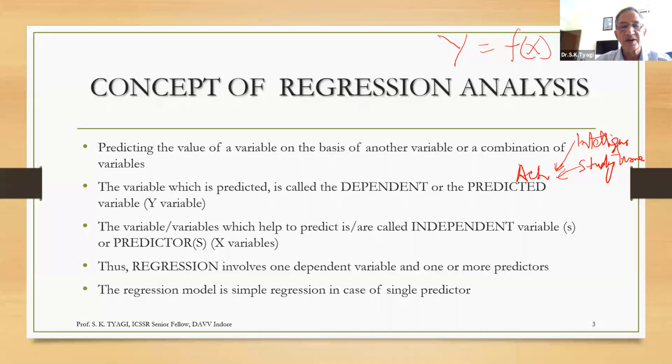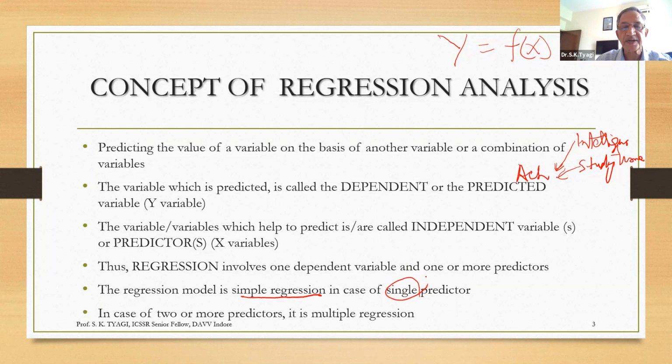If the regression model involves only a single predictor, then it is called simple regression. Simple, if you have just one predictor. And in case we have more than one predictor, then it is known as multiple regression. Now, there is another factor, that is simple linear regression and multiple linear regression.